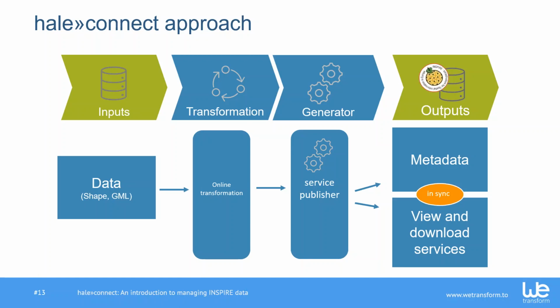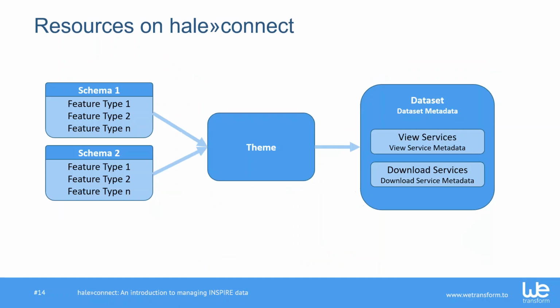Usually that transformation project comes from Hale Studio, but it can be exported directly to Hale Connect. And then we have a service publisher that publishes the transformed data. It will publish all of your various metadata sets as well as your view and download services. So that's the approach we take on the Hale Connect platform.